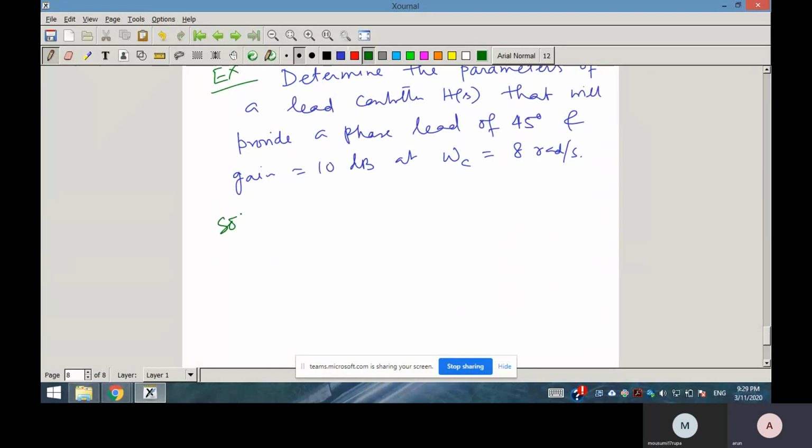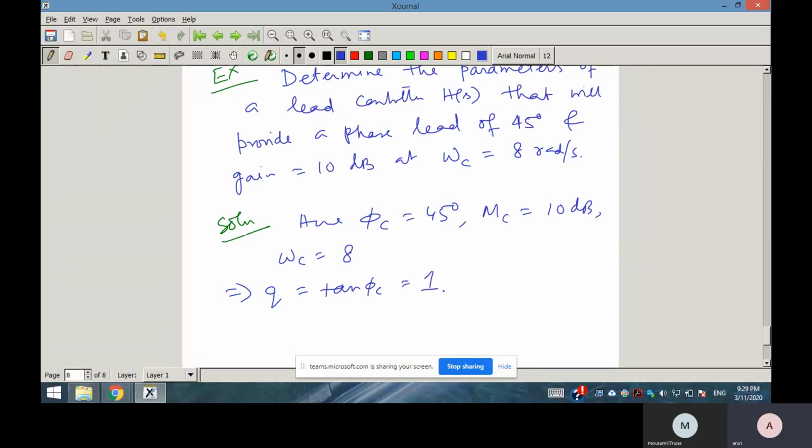We just apply the results that we have derived. Phi c equals 45 degrees. MC in dB is 10 dB. Omega c is 8. This implies Q equals tan phi c, that is tan of 45 degrees, which is equal to 1.